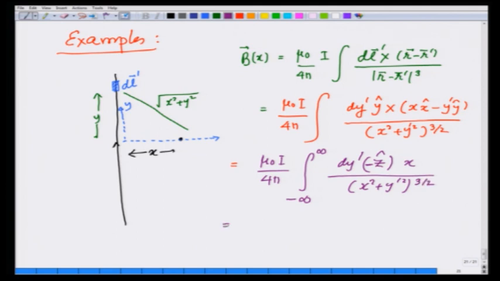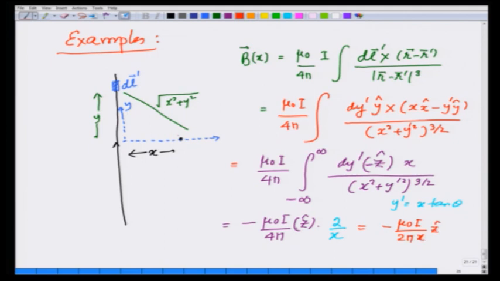So, this gives me minus mu 0 I over 4 pi z. You can do the integration very easily by substituting y prime equals x tangent theta, and you will get an answer of 2 over x here. So, the final result is minus mu 0 I over 2 pi x z.